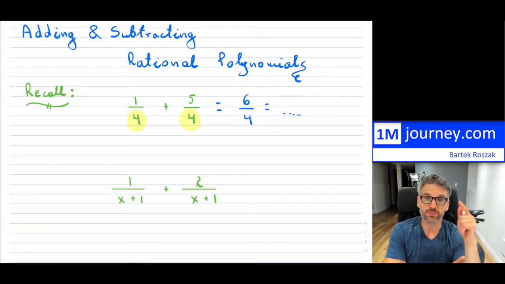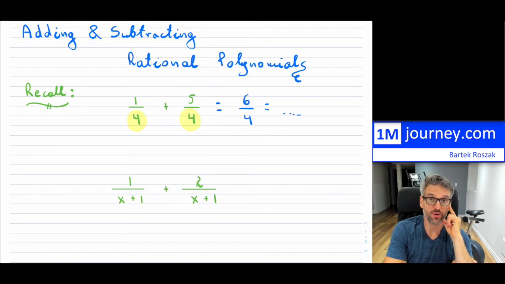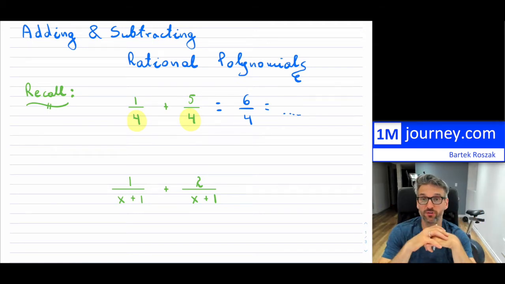Now, I want you to keep that in mind, because when you're dealing with rational polynomials, nothing really changes. The ultimate goal, although we will not know what our variable is, whether it's an x, a y, whatever, the denominators have to be identical in order to add or subtract these rational polynomials.